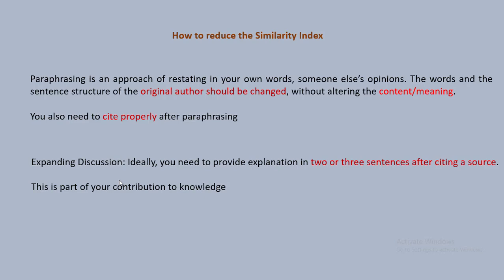So when you cite someone in your document, tell your students that they need to provide an explanation in their own words of what the original author says. And when you expand your discussion along that line, the level of similarity index reduces drastically. And when you work with a combination of these two approaches on your document, you will be able to reduce the level of similarity index to the acceptable level.